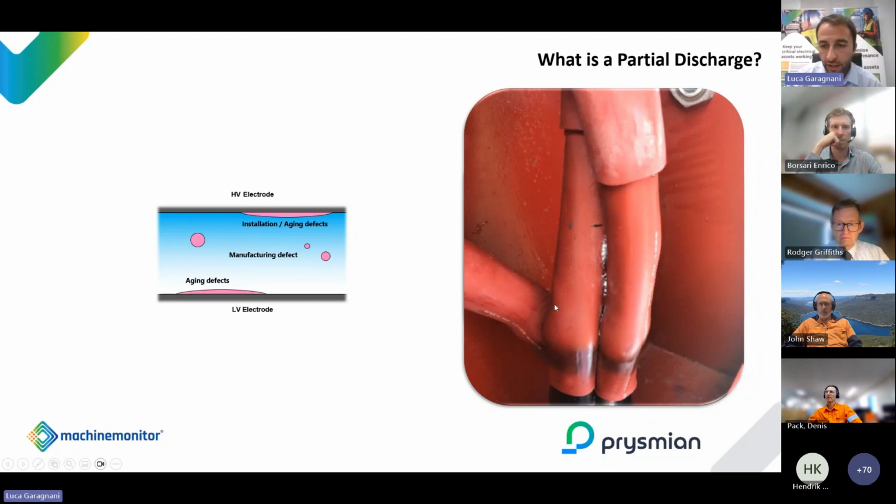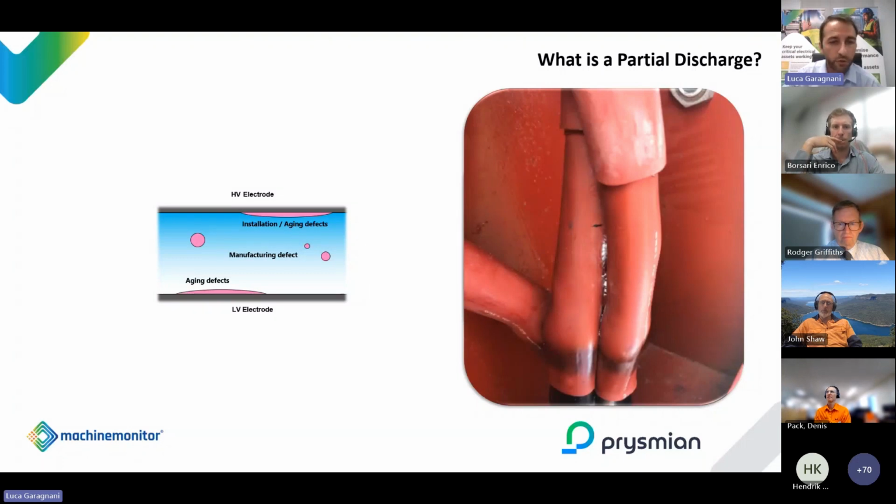The low voltage electrode ends here, and all here is only insulation. So we don't have the ground electrode, we don't have the screen, and in this location you should keep some space to avoid this discharge. This is an example to show that partial discharge can also be caused by a wrong installation.